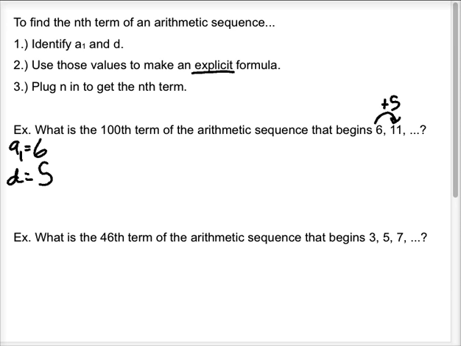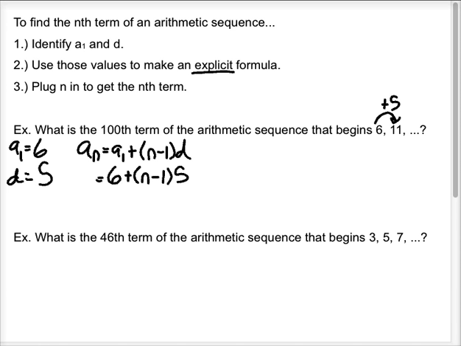So let's take a look at our formula now, shall we? So we have to set this up. Here's our formula. So let's plug it in. A1 is 6 plus n minus 1 times D. Now again, let's clean it up a little bit.